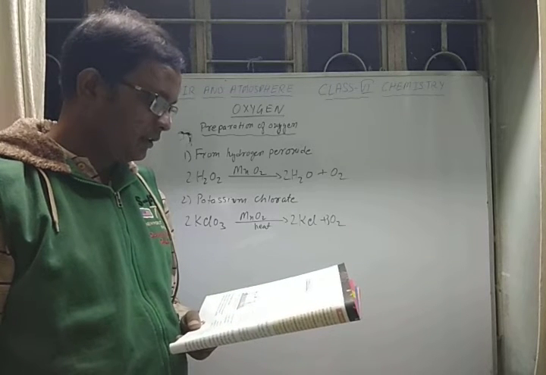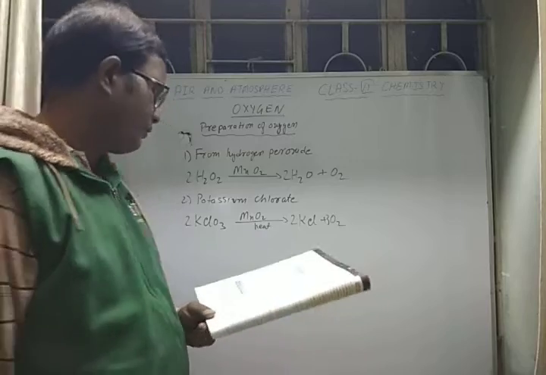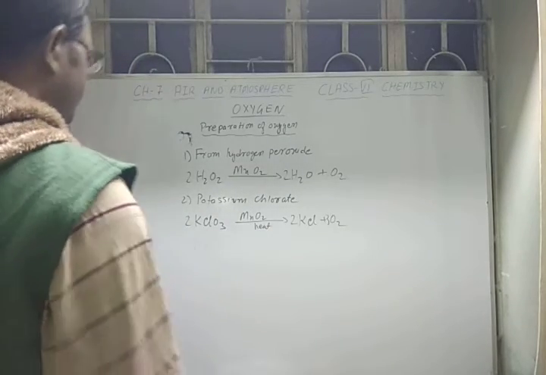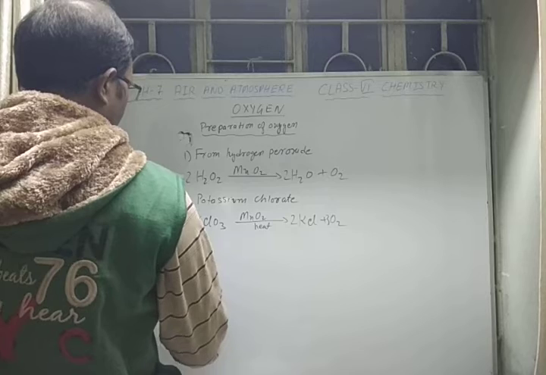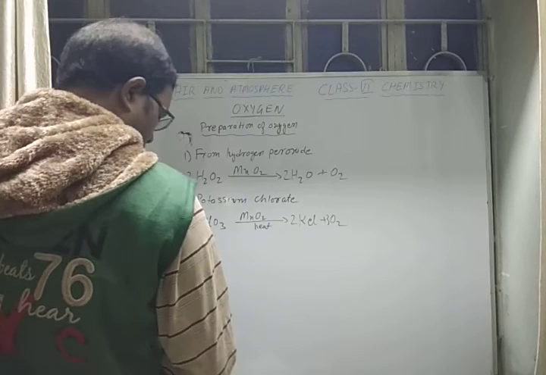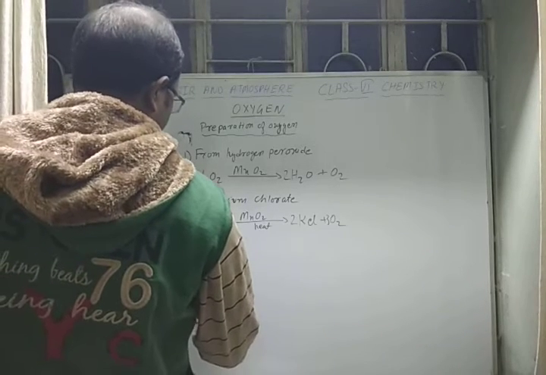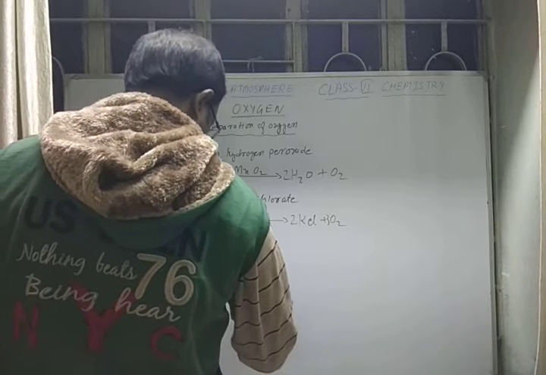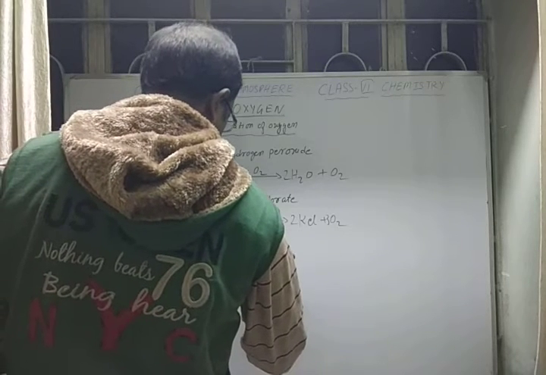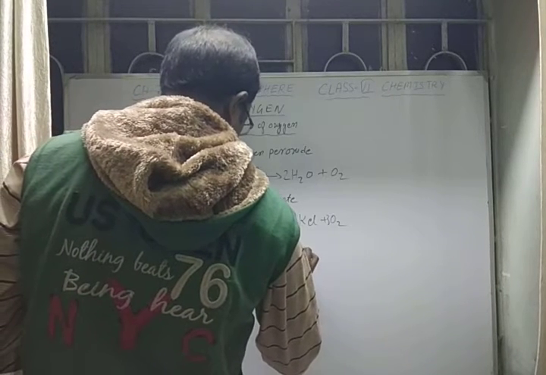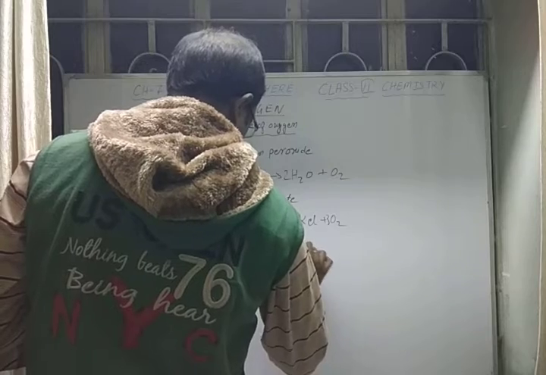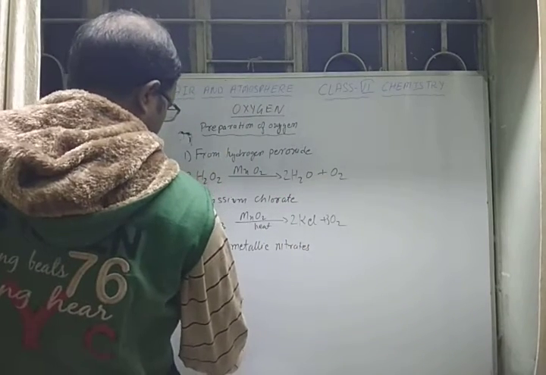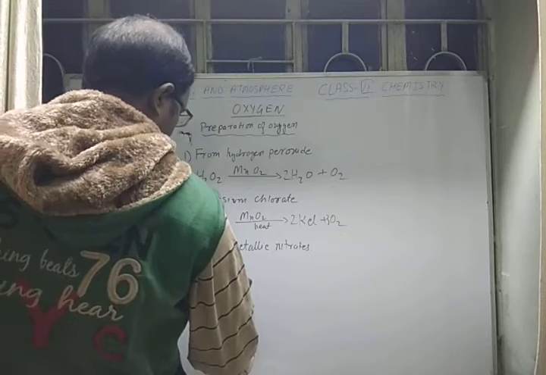Next is from metallic nitrates. Third way of preparation of oxygen is from metallic nitrates. Okay, so metallic nitrates means you can take potassium nitrate, KNO3.